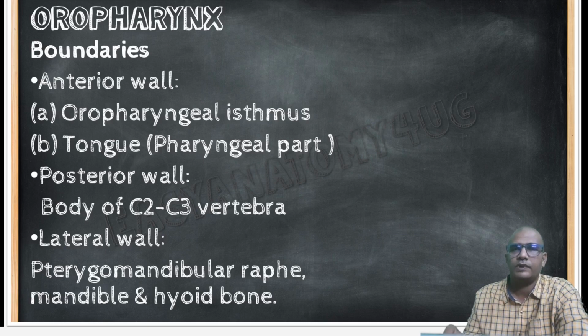The body of the hyoid bone is in the midline, but the two cornua are on each side of the pharyngeal wall. And pterygomandibular raphe, if you remember, has one end attached to the medial pterygoid plate and another end attached to the mandible, that is the lingula of the mandible. So pterygomandibular raphe and hyoid bone are present in the lateral wall of the oropharynx.